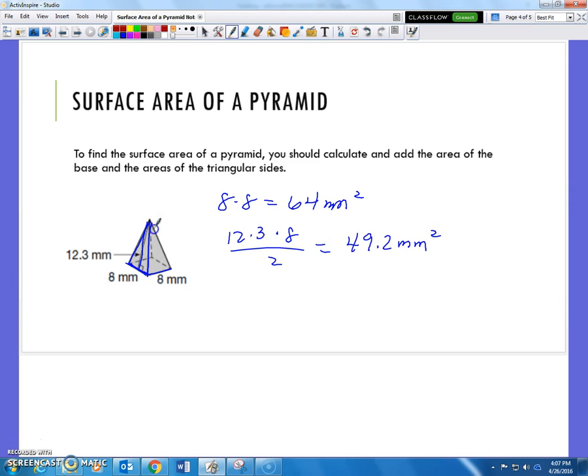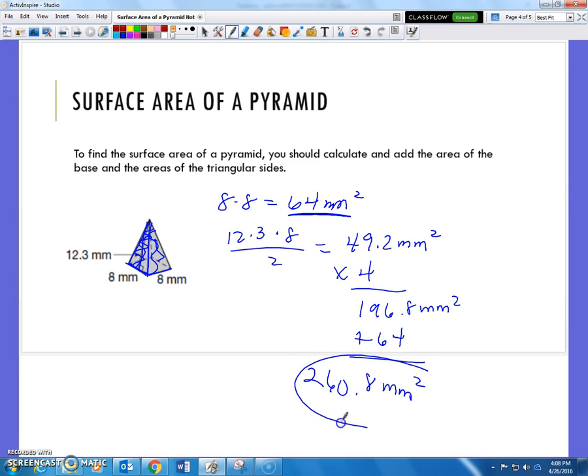But I don't have just one triangle. I have 4 triangles on the side of my pyramid. So I'm going to take that times 4 because there's 4 triangles. 196.8 square millimeters. And I also have the base I need to add on there, plus 64. Total I have 260.8 square millimeters.